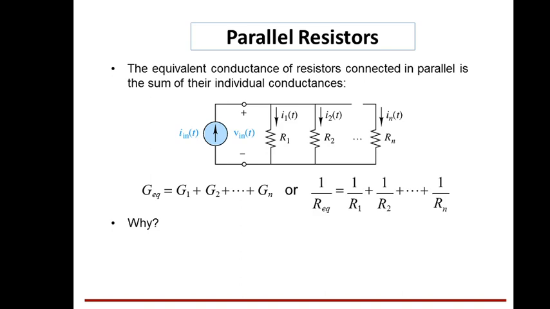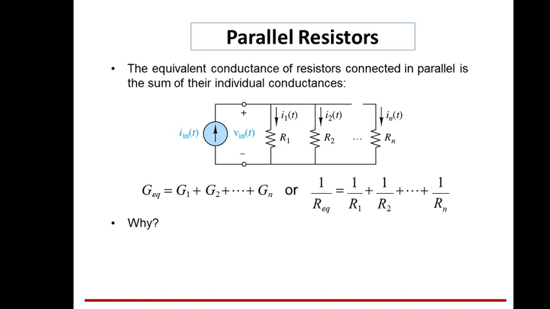If two elements are there, it is easy. You can use the direct formula. But if the number of elements is more, then use conductance, because 1 over R1 is nothing but G1, and 1 over R2 is G2.